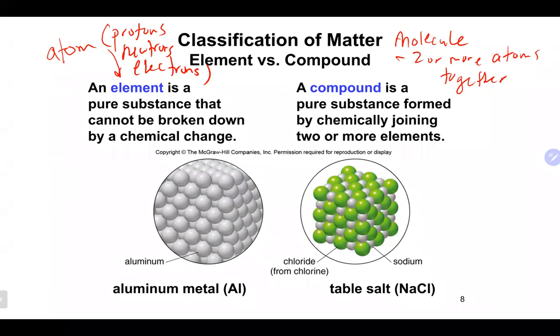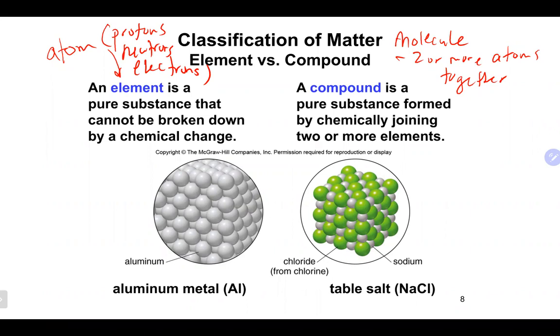So a molecule is more of a general definition of two or more atoms together. It sometimes confuses people when they think of a molecule and a compound. They think, is it the same thing? And it can be, or it may not be, depending on the situation.